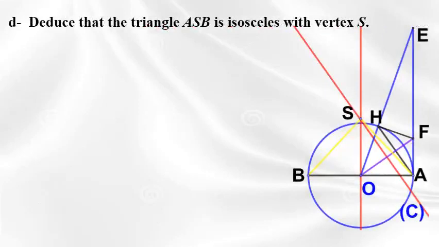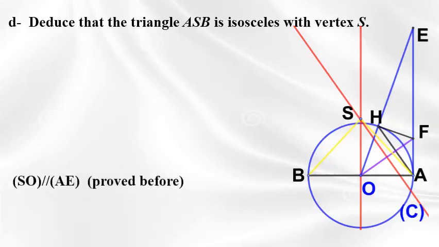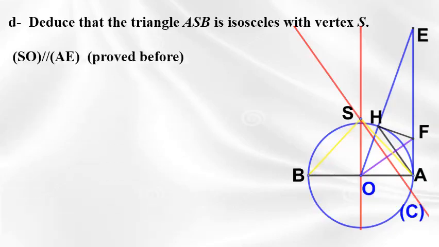Deduce that the triangle ASB is isosceles with vertex S. So we have to prove that SA is equal to SB, or the angle at A is equal to the angle at B in this triangle. SO parallel to AE proved previously.